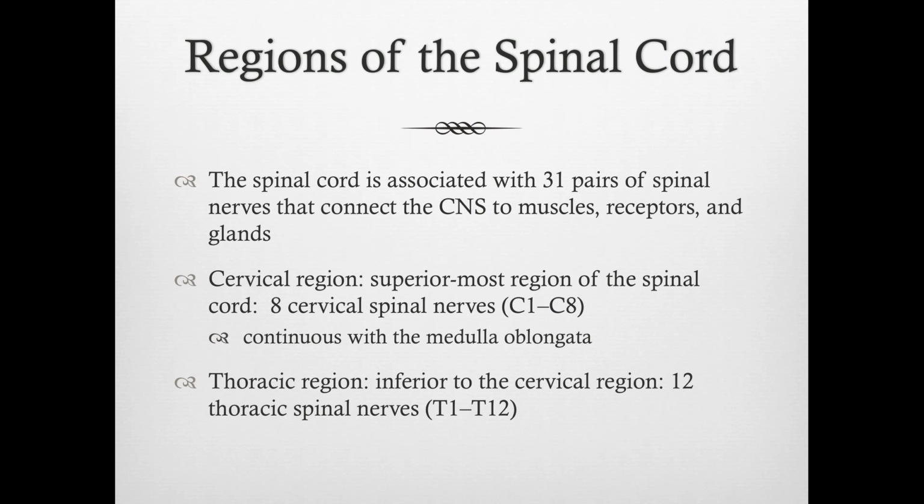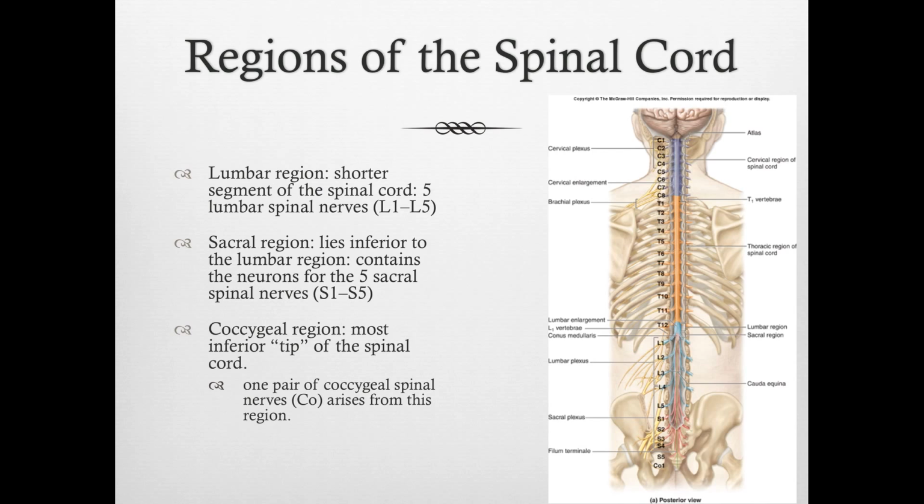And this region is continuous with the medulla oblongata. The thoracic region has 12 thoracic spinal nerves, so T1 through T12. So again, 8 plus 12 here, that's 20 so far that we've covered. The lumbar region has an additional 5 lumbar spinal nerves, L1 through L5.